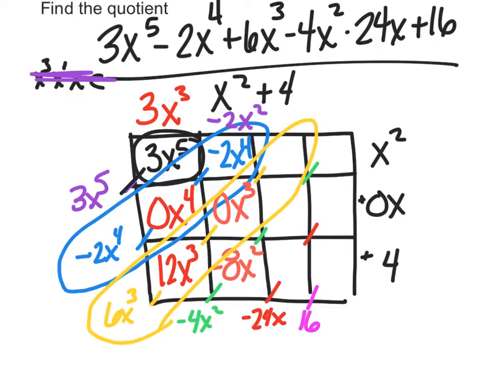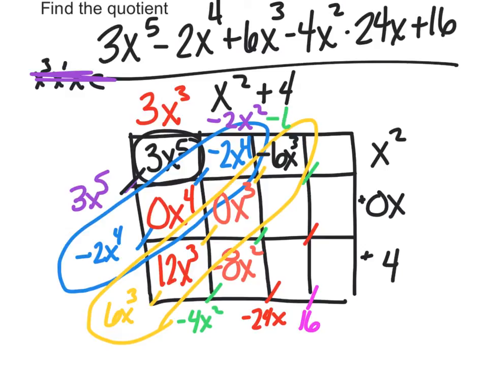So now I'm going to take my yellow dashes and I can get these boxes all together. I have to total 6x cubed. Right now I have 12x cubed and 0x cubed, so that's really nothing. So 12x cubed and what will get me 6x cubed? I'm going to say that should be a negative 6x cubed, because 12 minus 6 gets me 6. So now I can go get this top piece. x squared times what gets me negative 6x cubed?